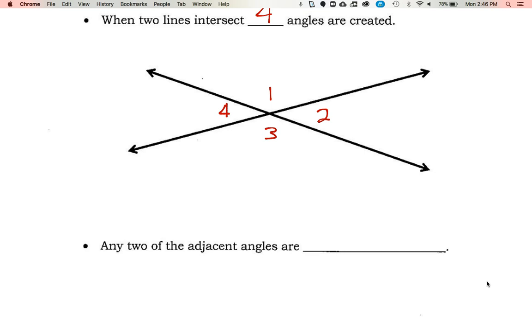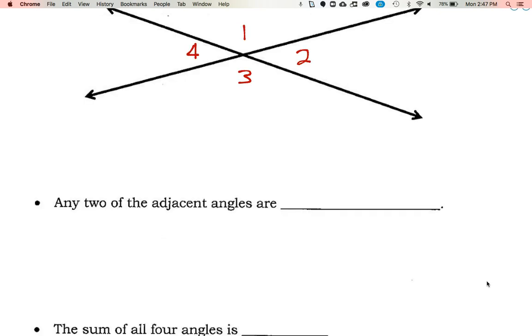So an adjacent angle would be like angle 1, and they share a side with 2. So these are adjacent angles. But 1 and 4 are also adjacent angles. 2 and 3, 3 and 4. So any two adjacent angles are supplementary.